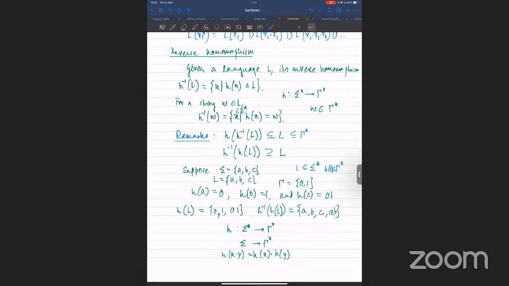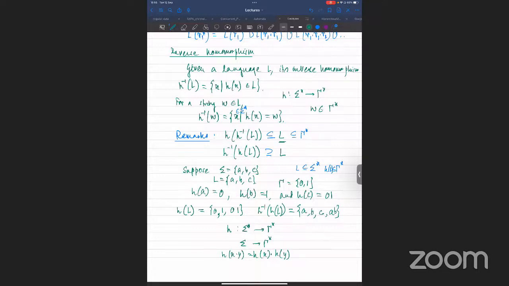Is it clear? Right. Now, what I'm saying is, it can happen that in your L, which is a subset of sigma star, there are some words for which you don't have a pre-image.